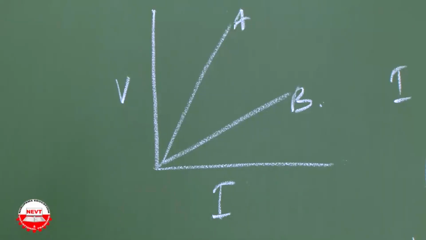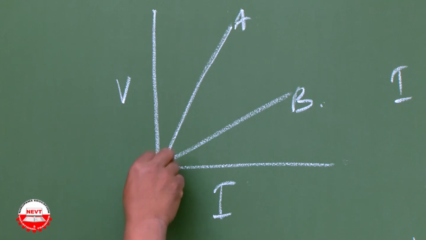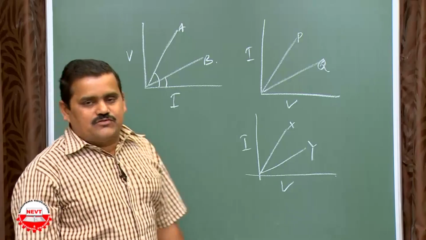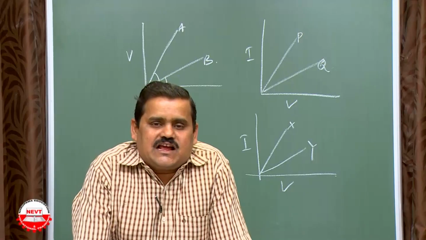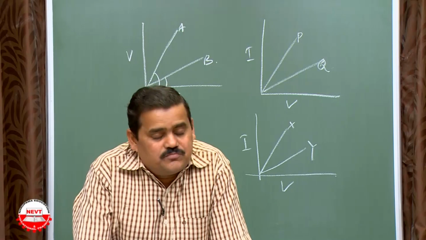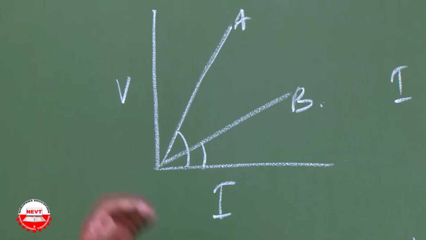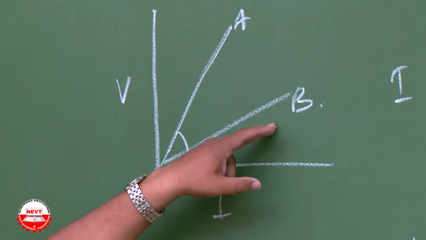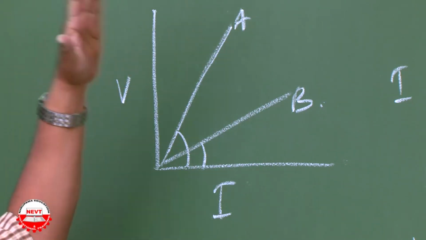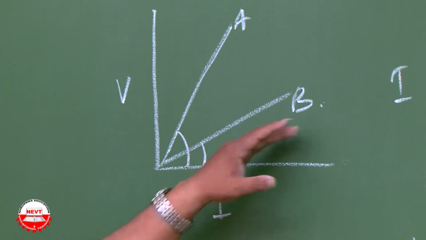Here graph A makes a larger angle than graph B. As the angle increases, tan value increases. Slope means tan theta. So the slope of A is more than the slope of B, that means resistance of A is greater than resistance of B.